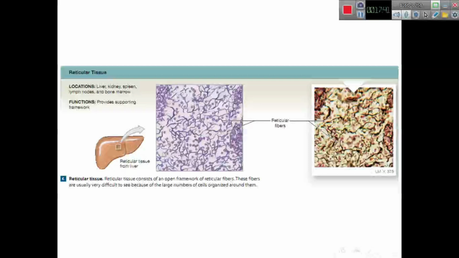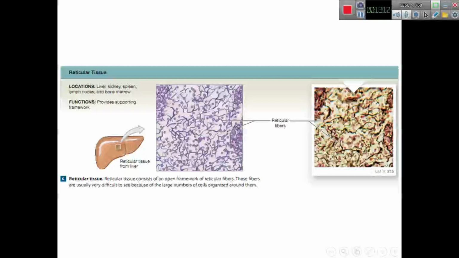For example, here you can see the liver, and it provides a scaffold. I searched for this word. It prepares a scaffold for these organs, and the parenchymal cells of these organs rest on this scaffold. For example, here the liver cell, or hepatocyte, rests on this scaffold prepared by the reticular tissue.